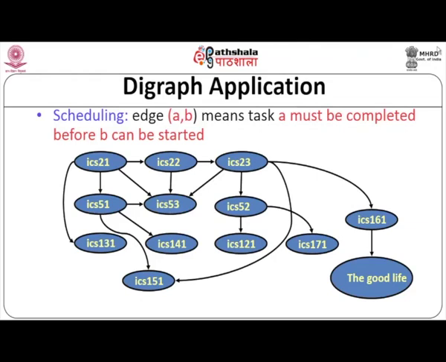After ICS 21, I can go to ICS 22, I can go to ICS 51 because it does not have any other dependency, or I can go to ICS 131, but I cannot go to ICS 53, because I have to finish 51, 22, 23 and 21, only then I can finish ICS 53. So, these are issues that we have.